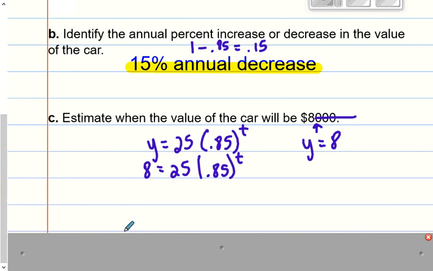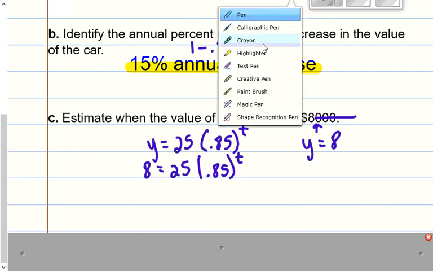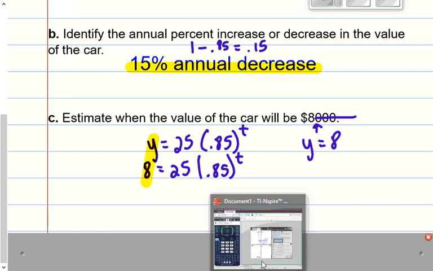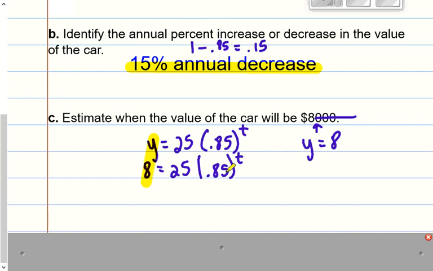There's a couple of ways that you can solve this. We are going to go with the easiest of those. You notice your Y is 8. You can solve this, but we're not going to go through the steps to solve it. We are going to graph.